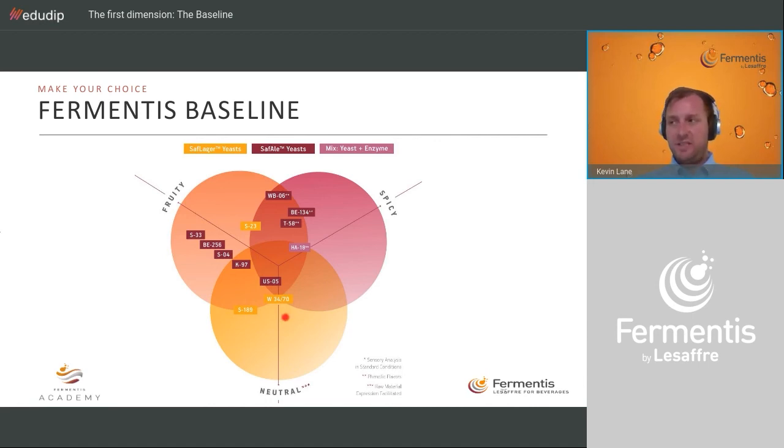It's not really imposing any fermentation flavors, or the more appropriate way to say it would be it's imparting less fermentation flavor into the media, so I'm more able to appreciate the raw materials that were used. So we call this the make your choice diagram. It's really the baseline because this is how the yeast in the Fermentis portfolio react in a very neutral fermentation environment.